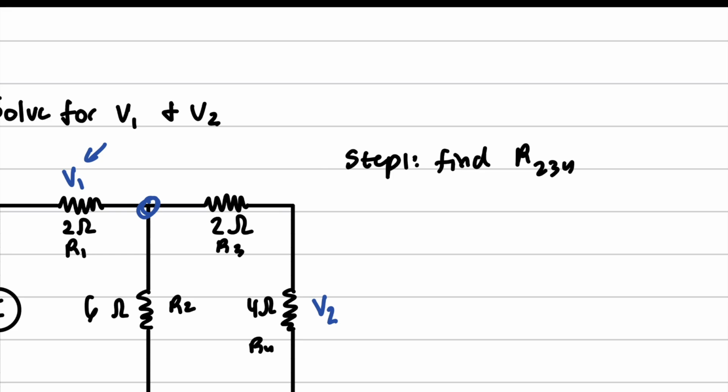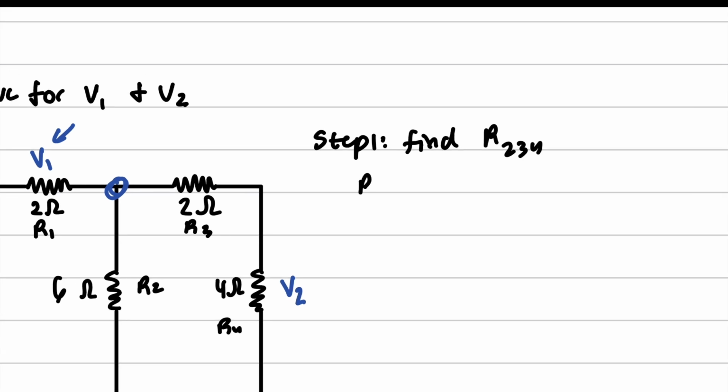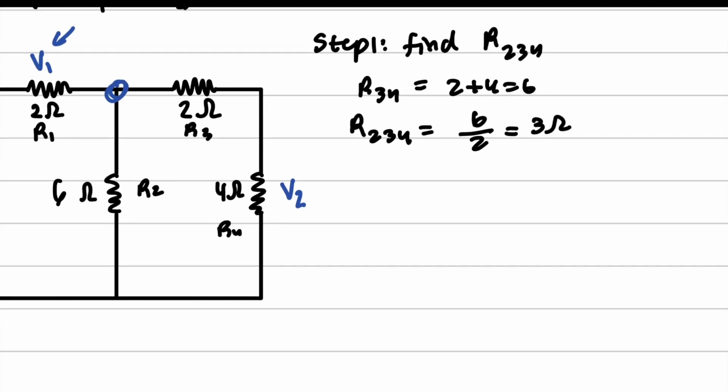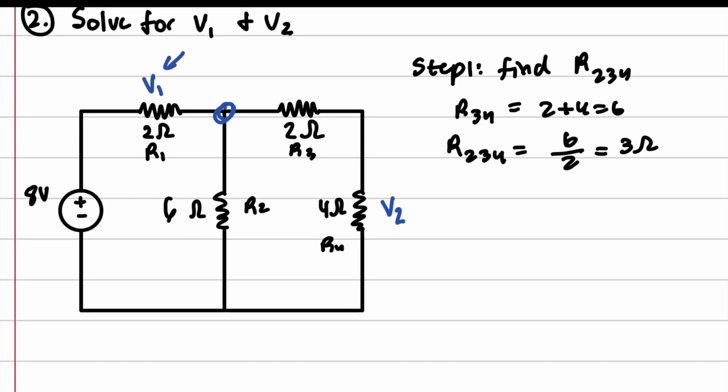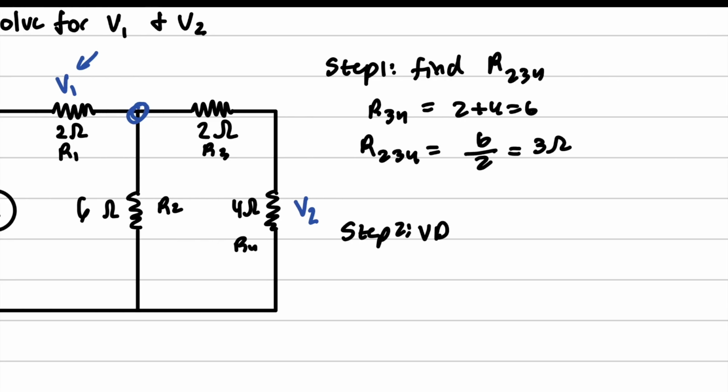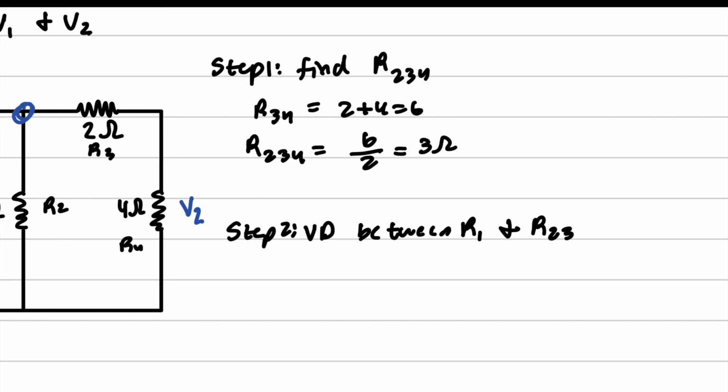So we're going to find R3, 4 first, which is just 2 plus 4 equals 6, and R2, 3, 4 is equal to 6 over 2 equals 3 ohms. And then we can find, in step 2, the voltage divider between R1 and R2, 3, 4.